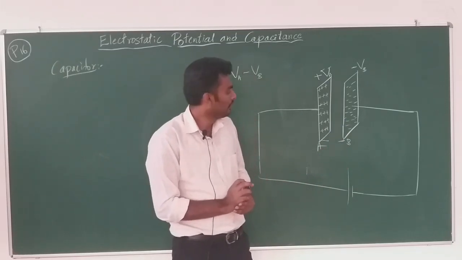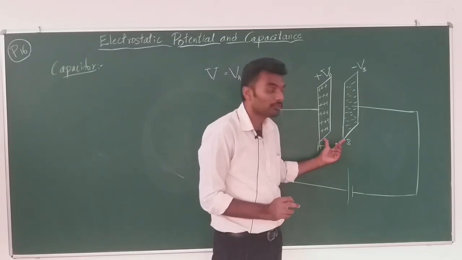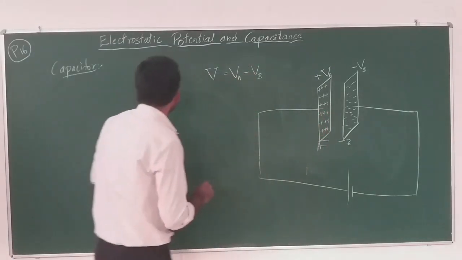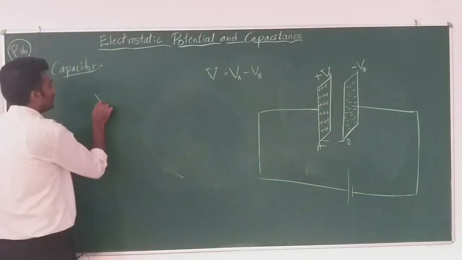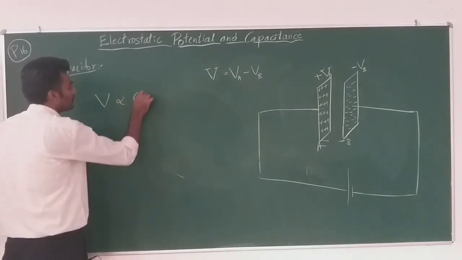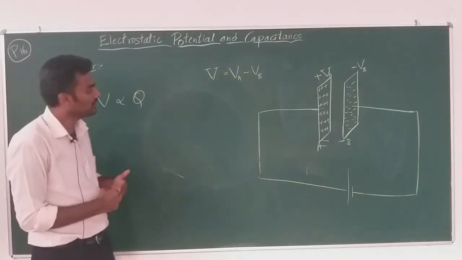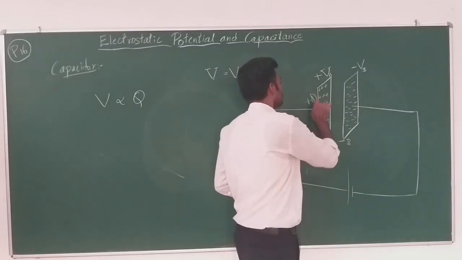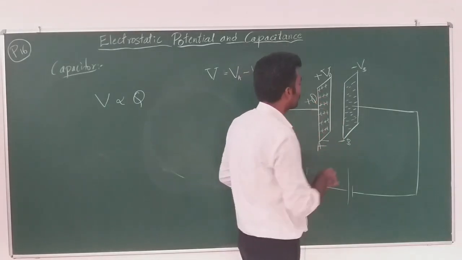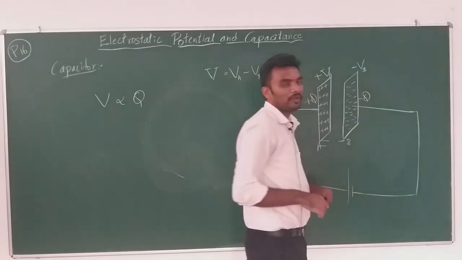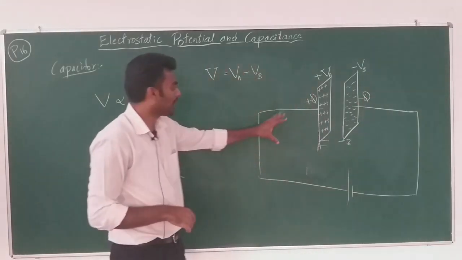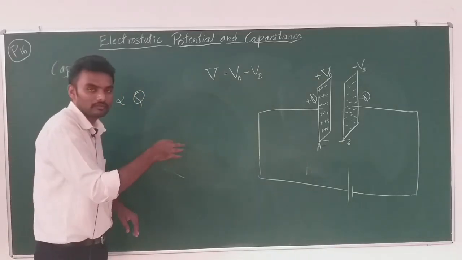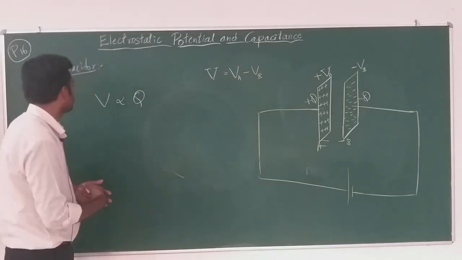Now that gives us the idea that V is proportional to Q, where Q is the charge stored in each plate, which means the charge stored in one plate is plus Q and the other plate will be minus Q. I am taking the magnitude of charge of either plate, which are normally equal, plus Q and minus Q.